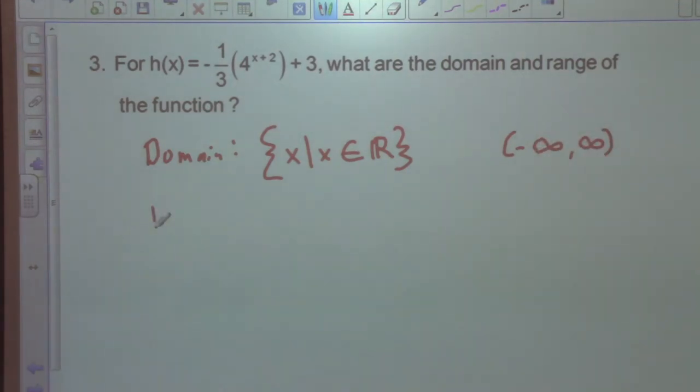Okay, range. What's the most important number to look at for range? 3. Yeah, k equals 3, thank you. So we have y such that y is what?